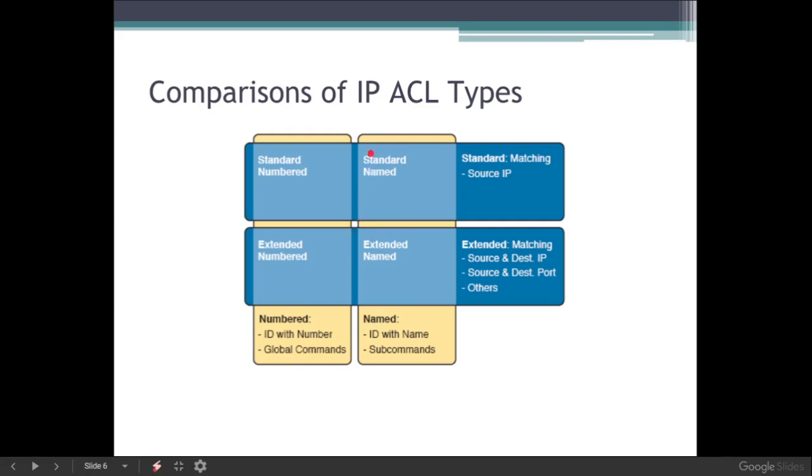All right, so different types of access lists. Access lists can be numbered, as you see here, or they can be named. So we can classify them that way, numbered or named. We can also classify access lists as standard or extended. So two ways we can classify them.